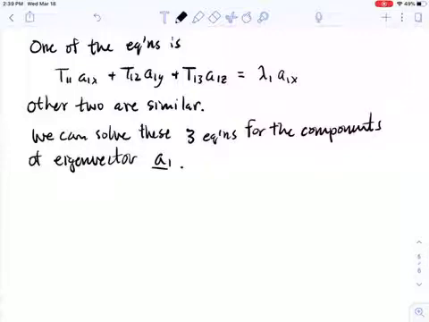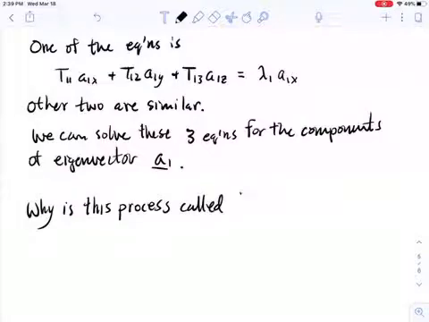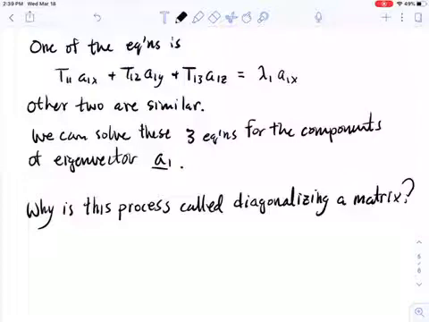We're going to do an example, but first, it may not be obvious yet, why is this process called diagonalizing a matrix? So, to see why, let's do the following.